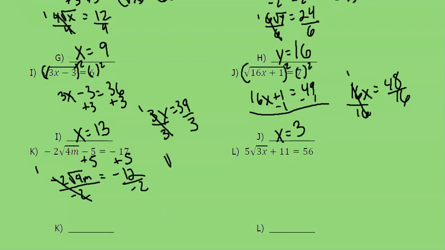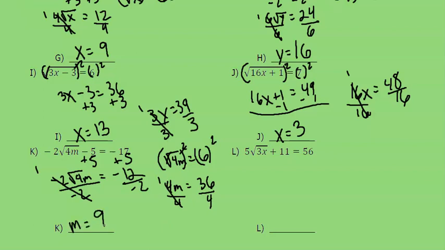So then we have square root of 4m equals 6. To get rid of the square root, we square each side, we exponentiate by 2. So we have 4m equals 36. Divide each side by 4. And then you get your solution, m equals 9.